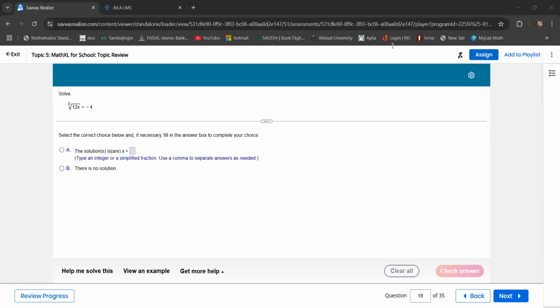So in this problem, since the radical is already alone and it's cubic root, so we make power 3. So it's like cubic root 12x all to the power of 3, -4 all to the power of 3 as well. Now, power 3 will cancel the cubic root, so that we can say 12x is equal to -4 power 3 is -64.